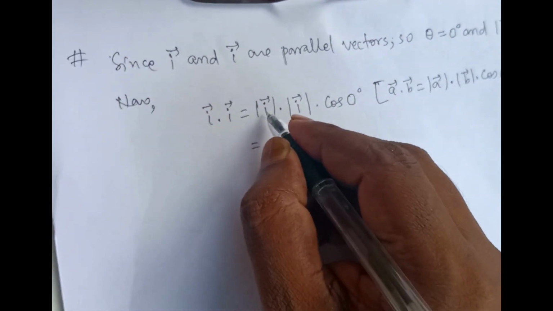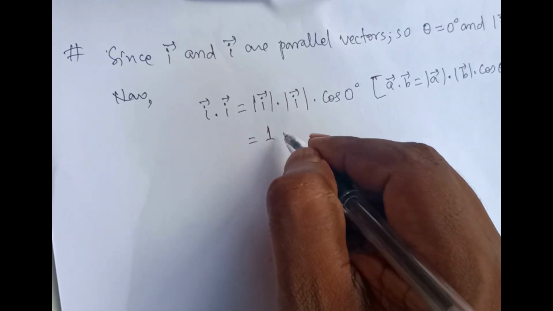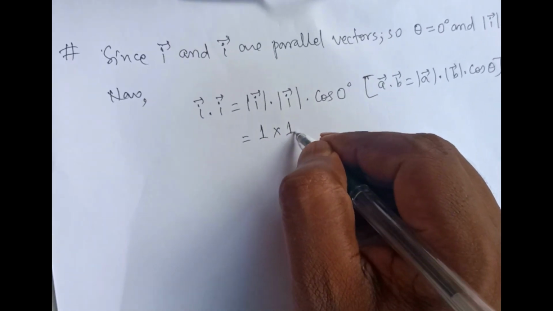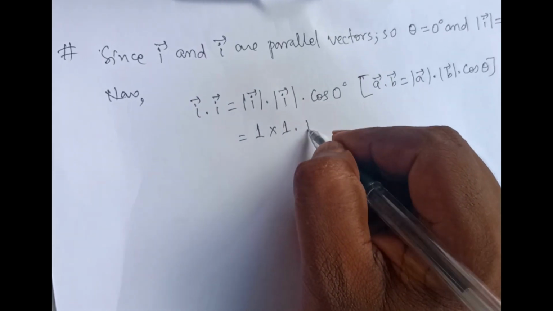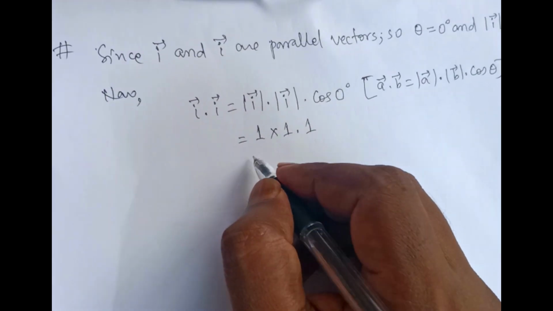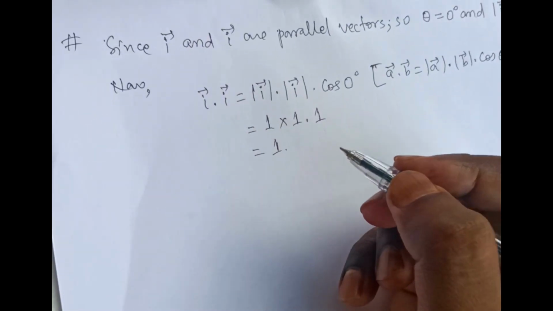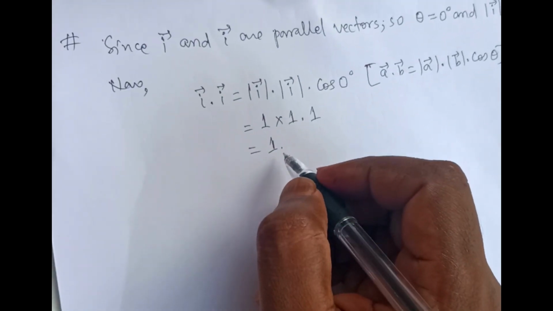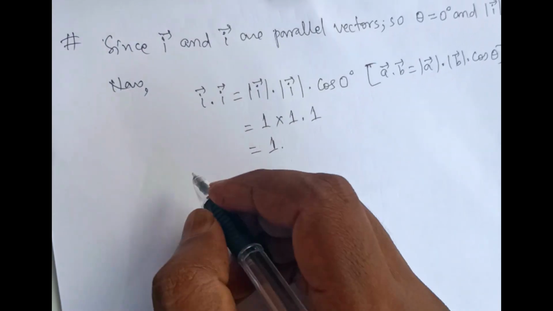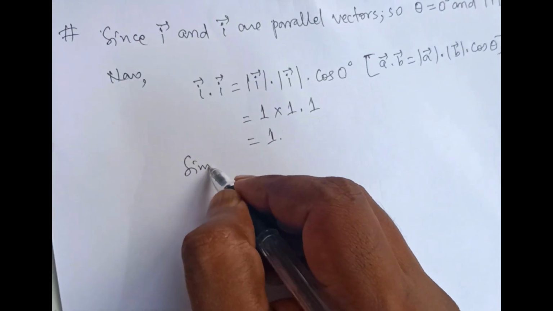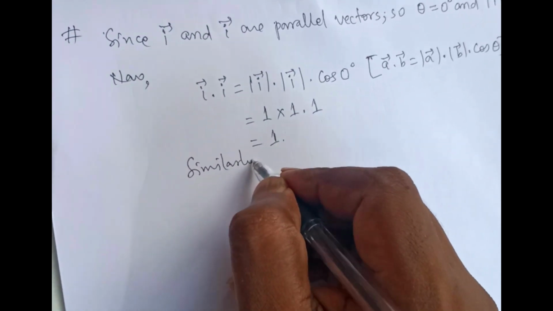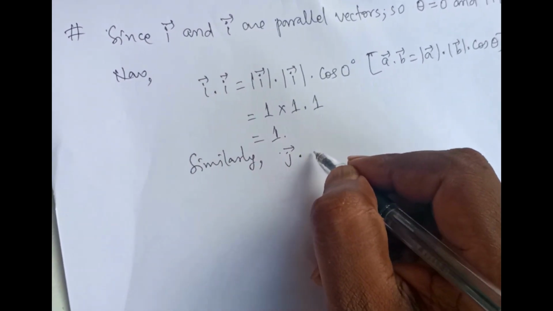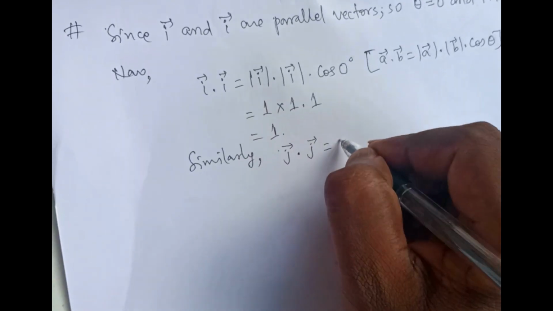So now the modulus of i is 1, and cos 0 degree is equal to 1. So we have i dot i is equal to 1. Similarly we can get j vector dot j vector is equal to 1.